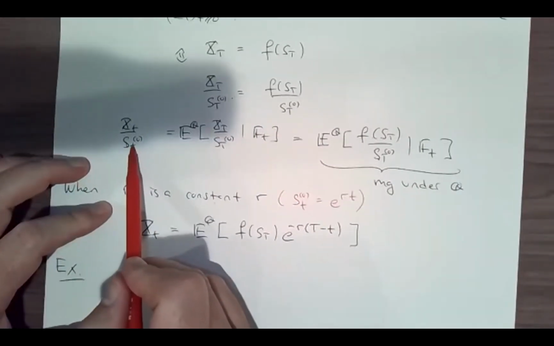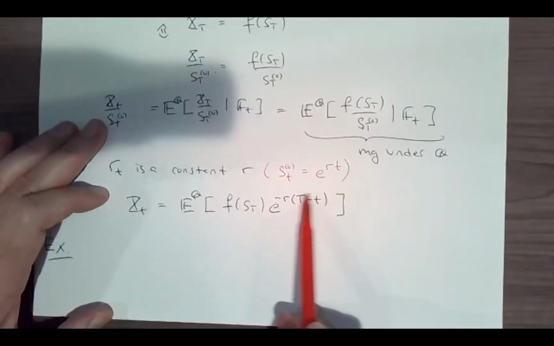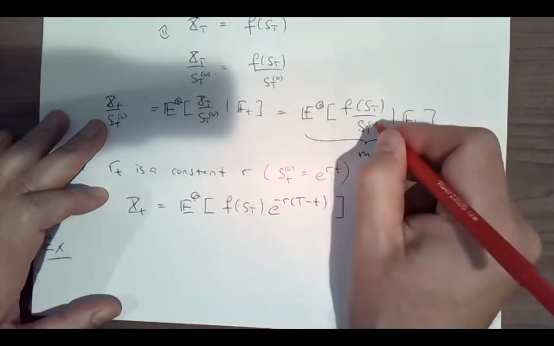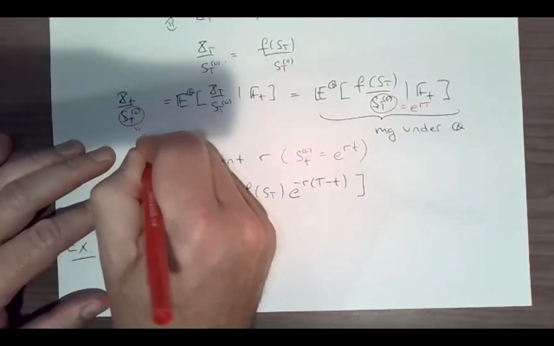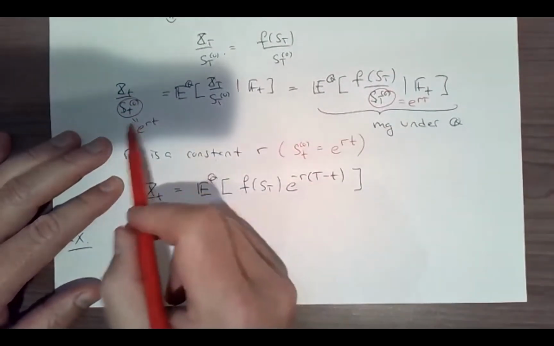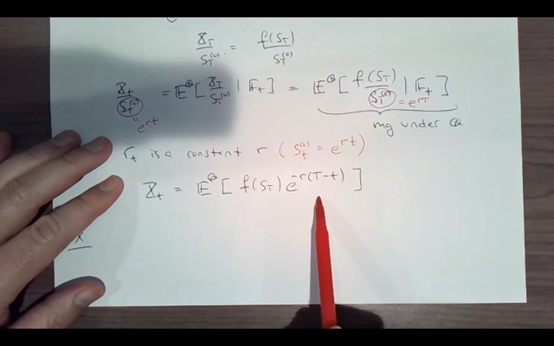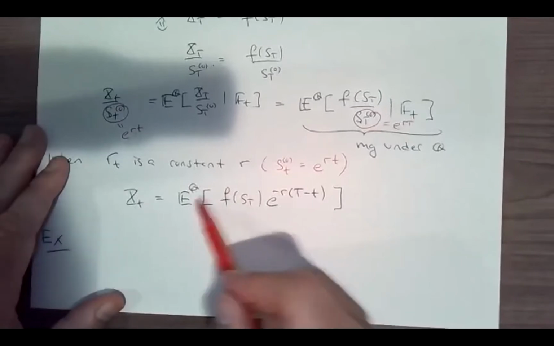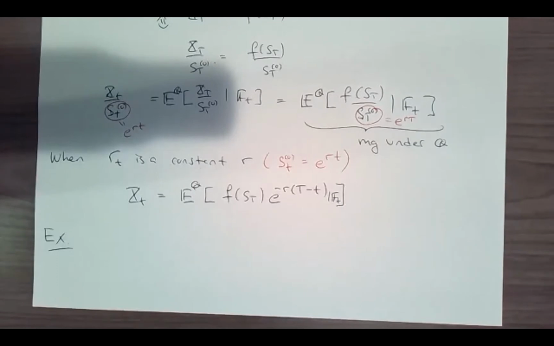Then you have it over here, and you have it over here. You combine these two, and you're going to get this. This thing here is e to the rT, and this thing here is e to the r little t. And so I move this thing to the other side, and I get this term here. Makes sense, right? I'm missing a condition in here. There should be a condition on ft, otherwise it won't work.